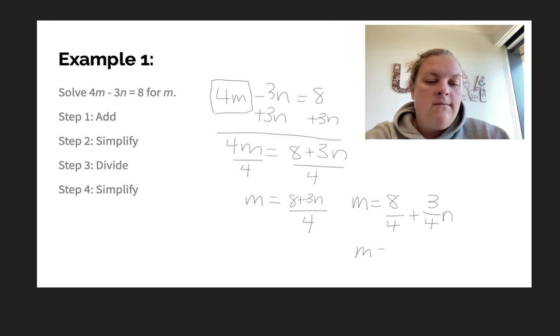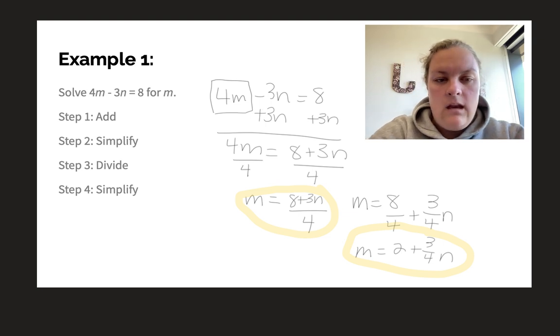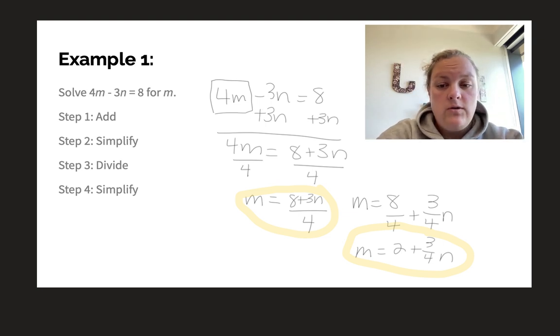So that would give us m equals 2 plus 3/4 n. Either way, your 2 solutions are going to be 8 plus 3n divided by 4 equals m, or m equals 2 plus 3/4 n. So your goal when you're doing these is to isolate the particular variable given by the opposite operation.